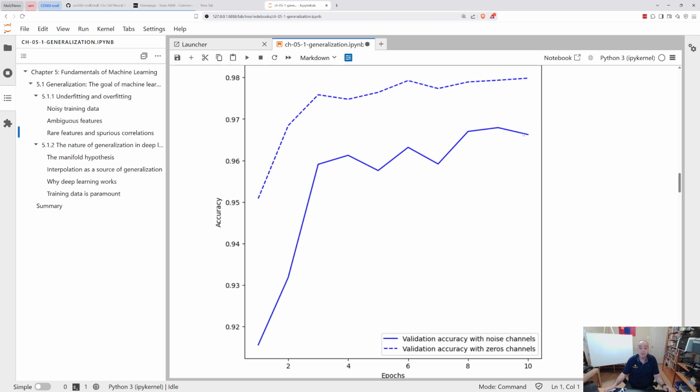It'll be 1 to 3% less accurate over training epochs. Okay, and that is significant for this amount of accuracy, and that's purely the effect of the spurious correlations that this model with the noisy channels added to it is finding in the data. It makes the task much easier to overfit and find random patterns in the data.